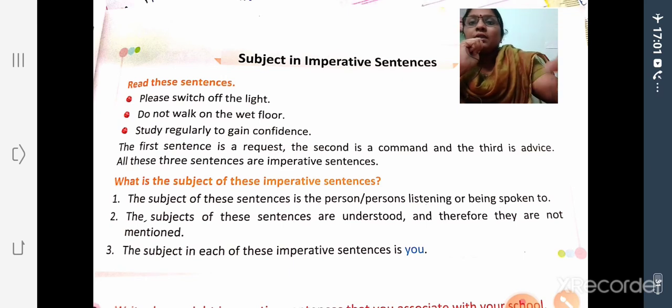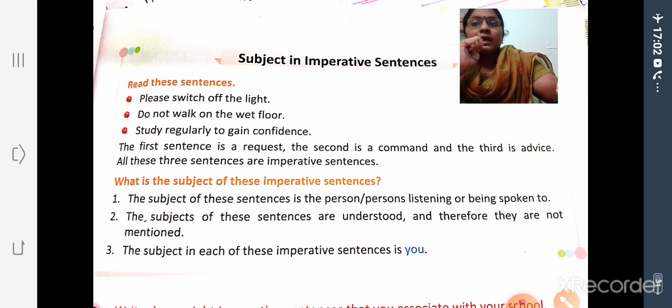Here we are going to study imperative sentences. What is an imperative sentence? An imperative sentence is one that gives a command, advice, request, order, etc. We are going to study what the subject in imperative sentences is.